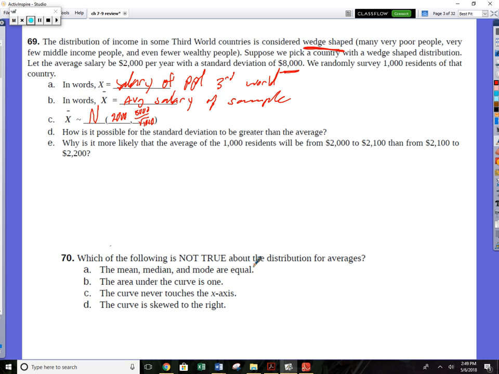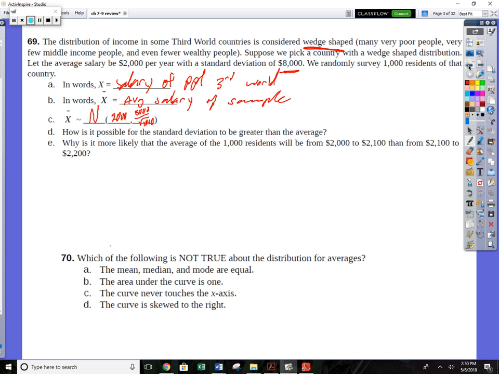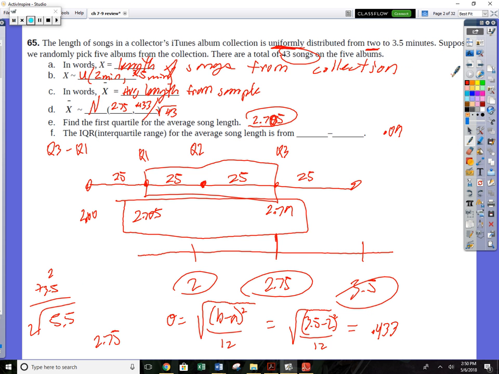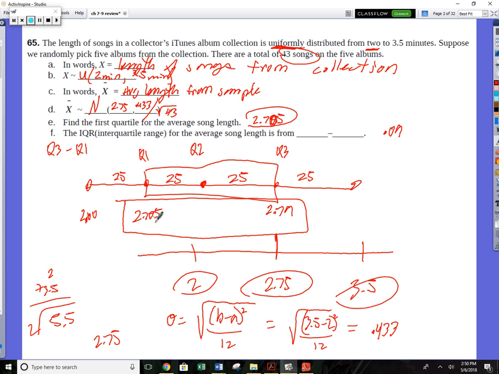Okay, so now D. How is it possible that the standard deviation is greater than the average? Look at the songs. Your average song length was 2.75 minutes, and our standard deviation was almost 0.5 of a minute, so it's almost 30 seconds, 25-ish seconds.